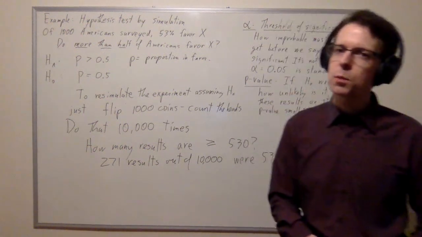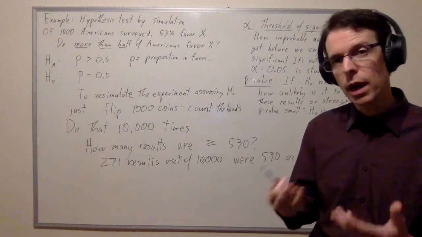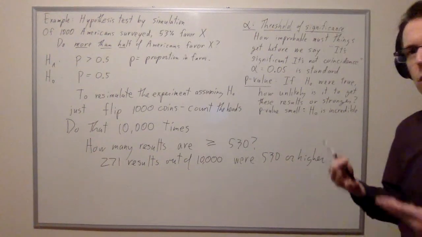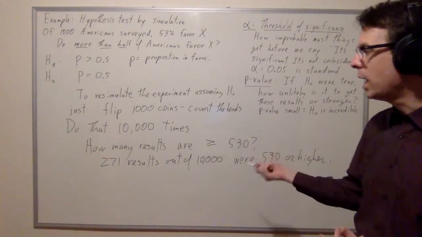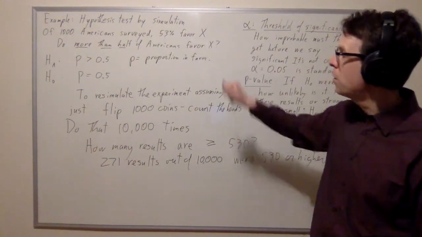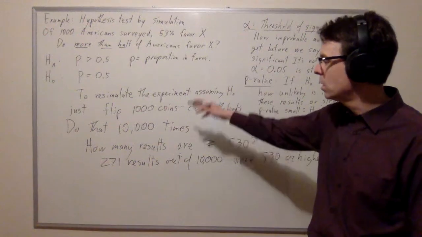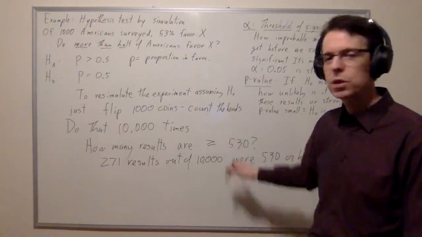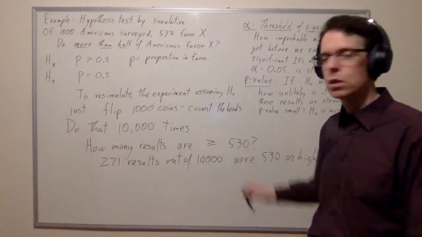And with the results of that experiment, we can estimate and deduce the probability of getting results as wonky as ours if the null hypothesis were true, because this is a null hypothesis experiment and we're just counting how often we get results like ours.